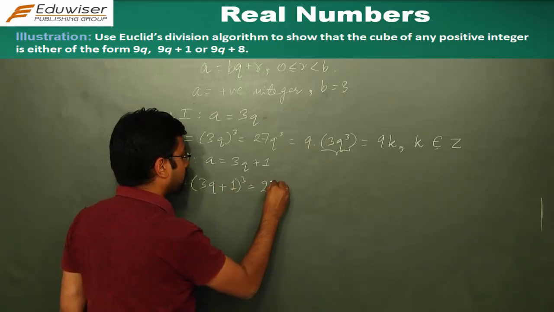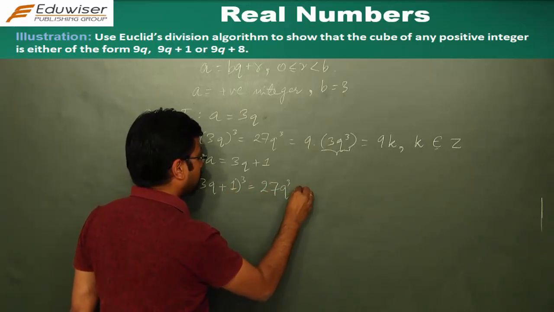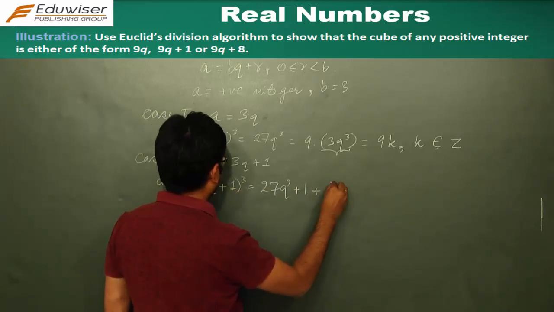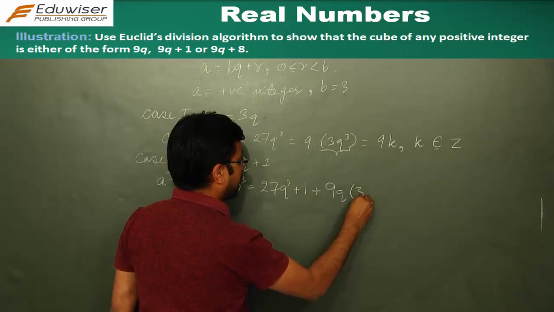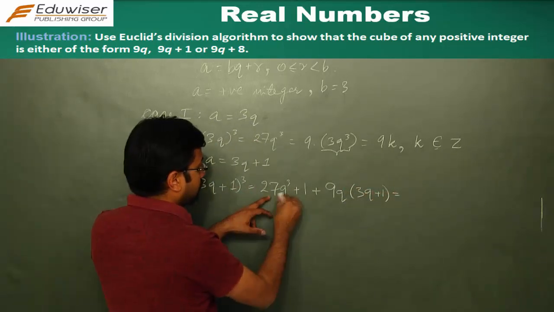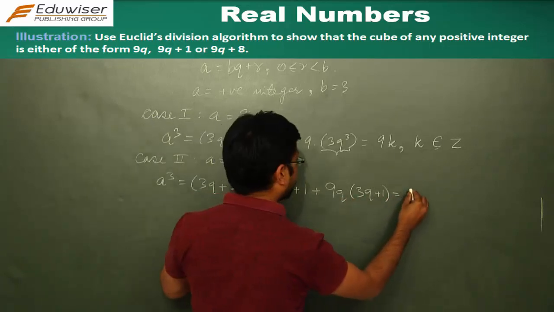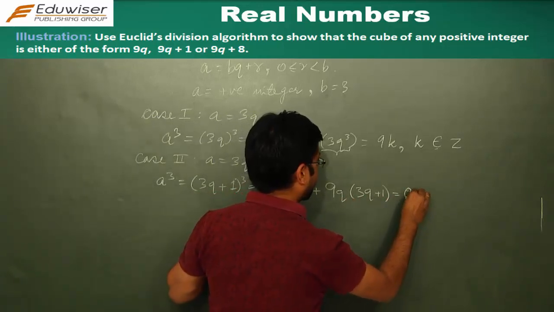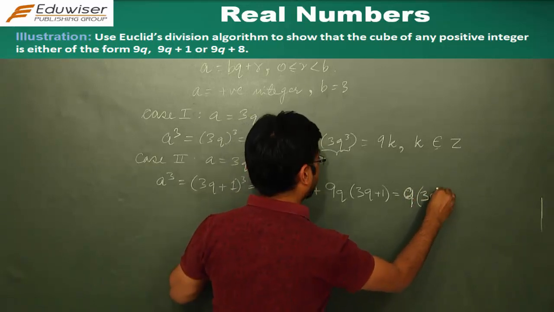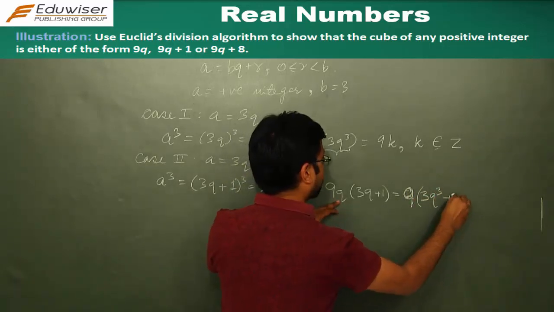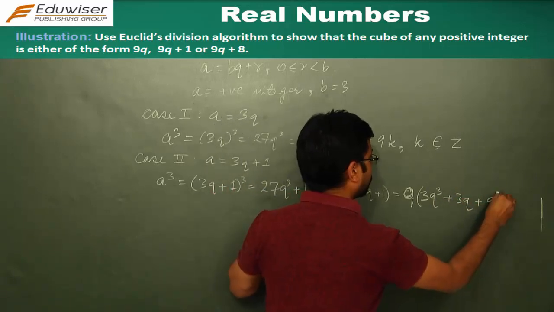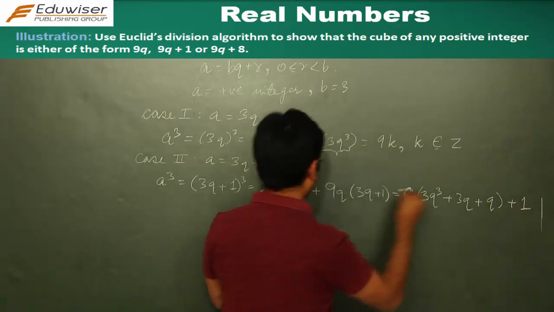So you get 27q cube plus 1 plus 3ab, so it's going to be 9q and a plus b. If you take the factors of 9 together, you get 9 common, and here you have 3q cube, from here you get 3q and another q plus the 1 over here.